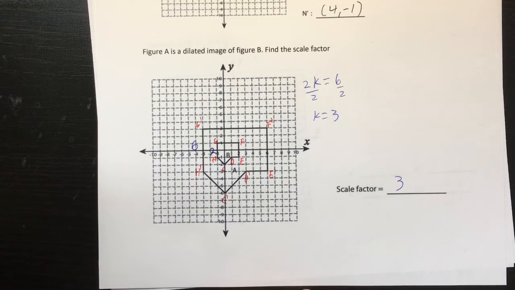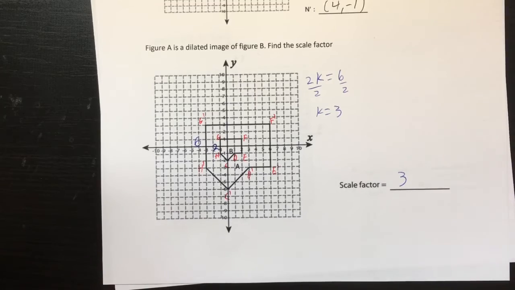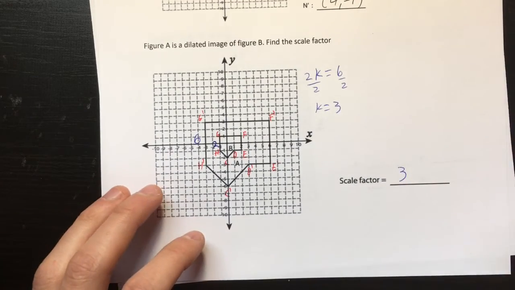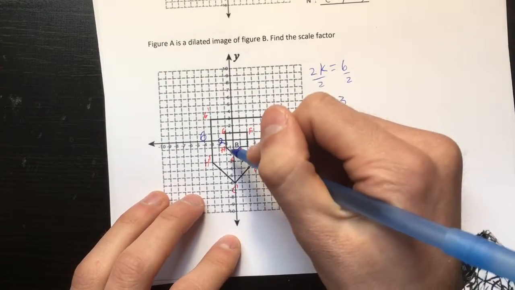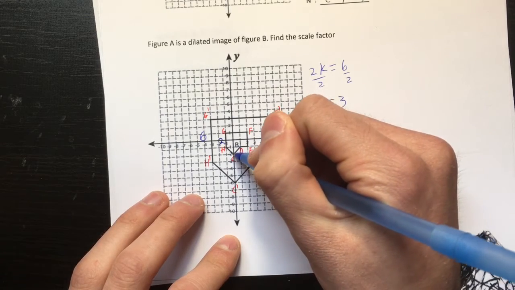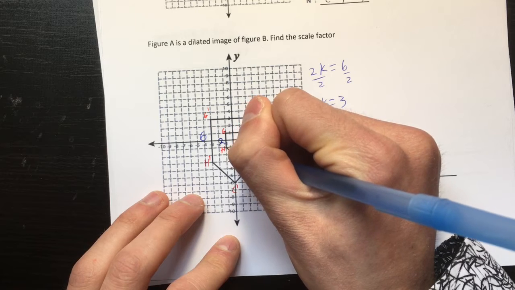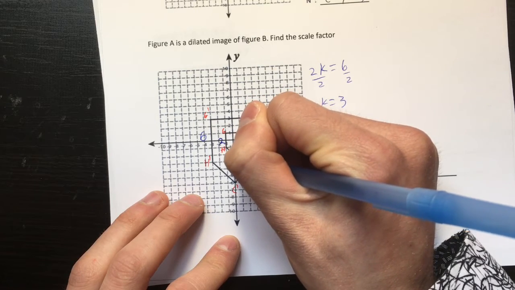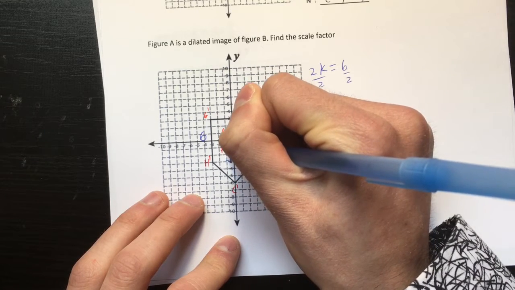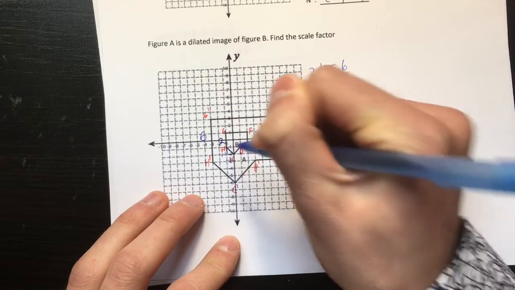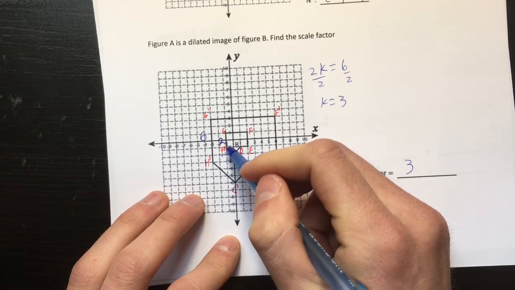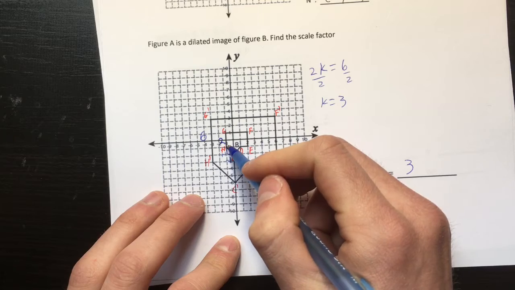Now let's say the shape didn't involve any horizontal or vertical lines. The process is still relatively similar. So if we look at line segment CH, we could see that that goes -1 in the horizontal direction, and then +1 in the vertical direction. So C to H, -1, +1.